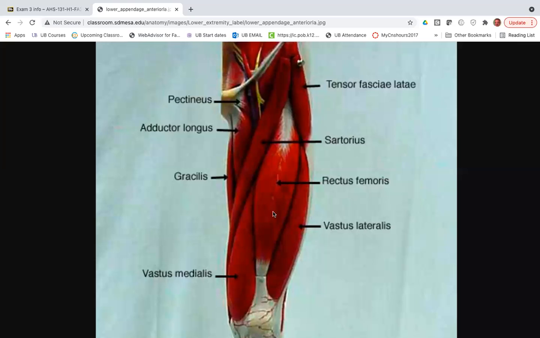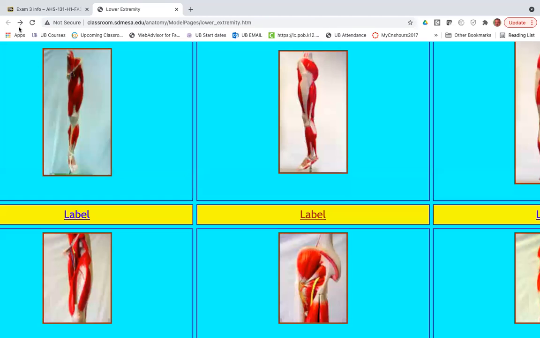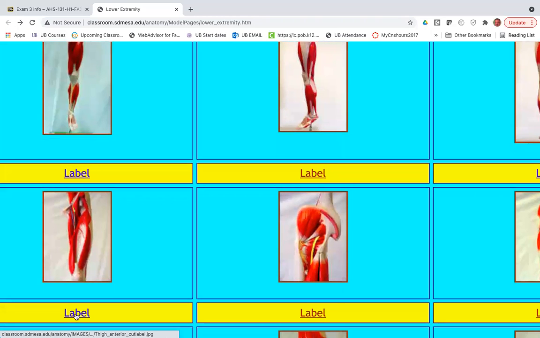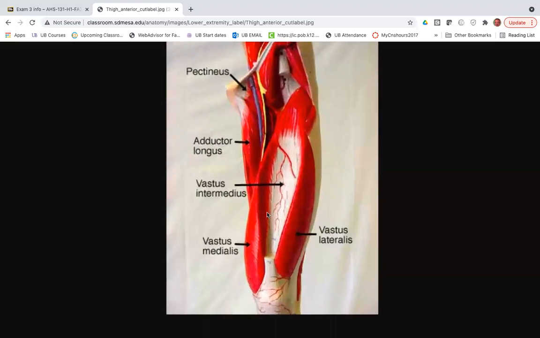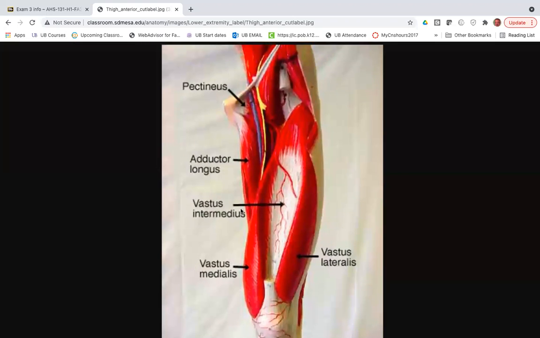The most superficial is the rectus femoris. And if we were to cut this away, and I'll show you in another slice, and we were to peel this back, we'll be able to see right here the vastus intermedius.